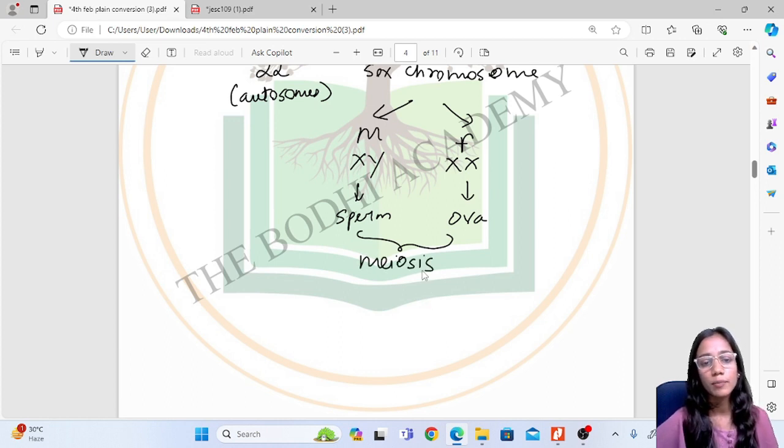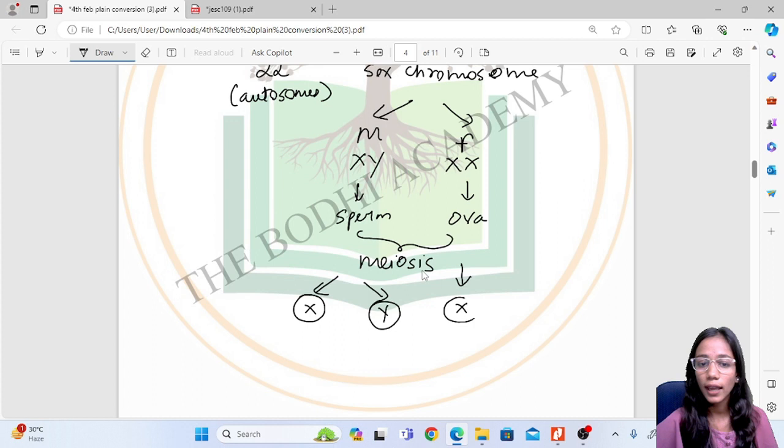Each sperm in the male will carry either the X chromosome or the Y chromosome. In the female, the gamete is the egg which will carry only the X chromosome. So these are the gametes which have only one copy of the chromosome. It will be X or Y in the sperm, and in the ova it is always X.